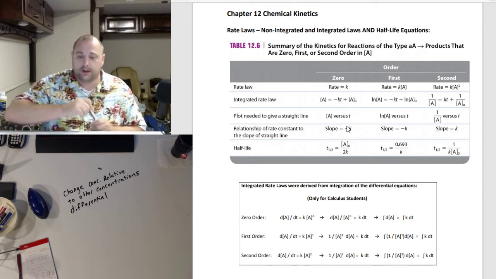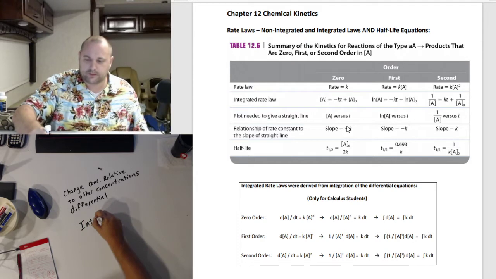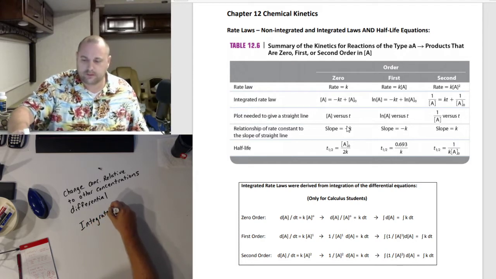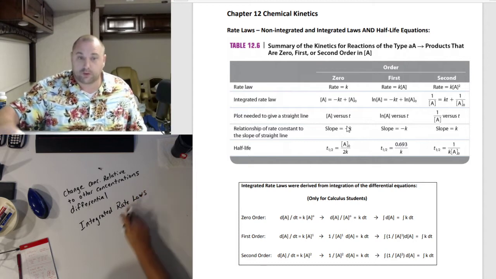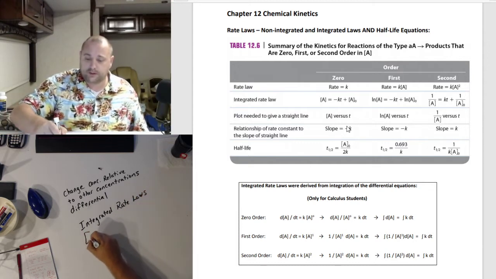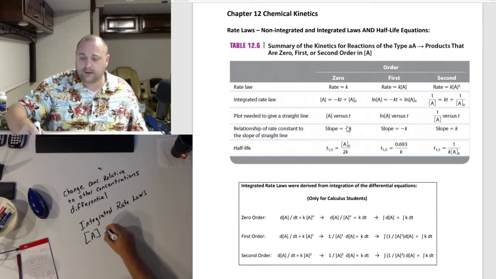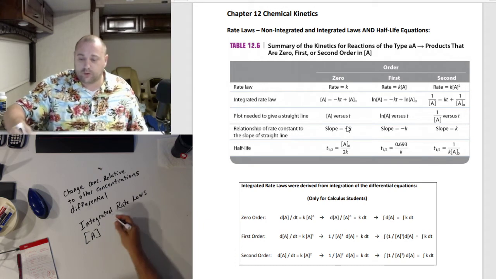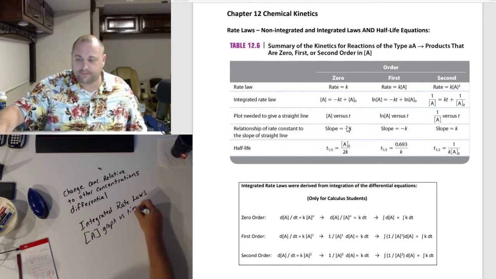And then the other kind is these integrated rate laws. The way we are going to work those is this is going to be a change in one of the concentrations. That's why they use this A. And we're going to graph this versus time.